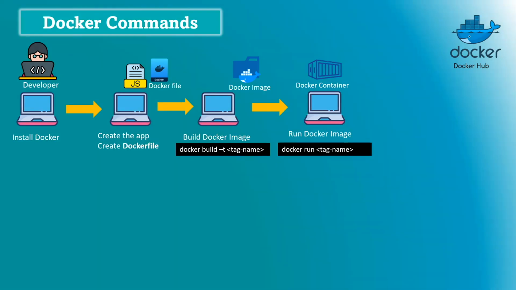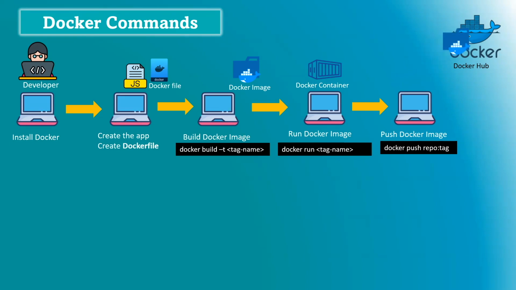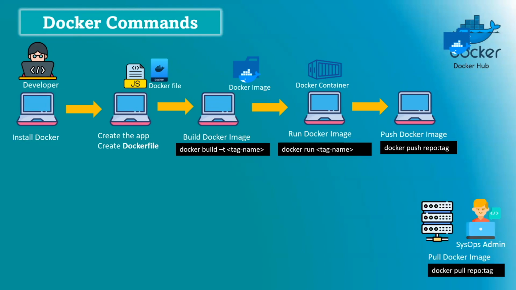As a next step, the developer will push the Docker image to a private Docker repo. The command is docker push and then the repo:image tag. That's the development side of the process. The next leg of the process is deployment, where the system administrator comes into the picture. The system admin team will pull the custom Docker image from the private Docker repo using the image tag.